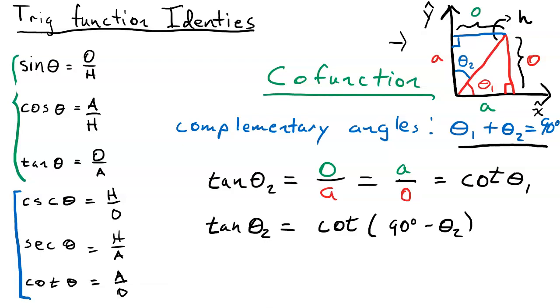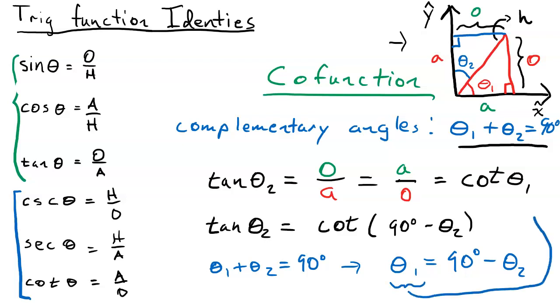Since theta 1 plus theta 2 is equal to 90, we can subtract both sides by theta 2, and we find that theta 1 is equal to 90 degrees minus theta 2. And then I just plugged this value for theta 1 into here.